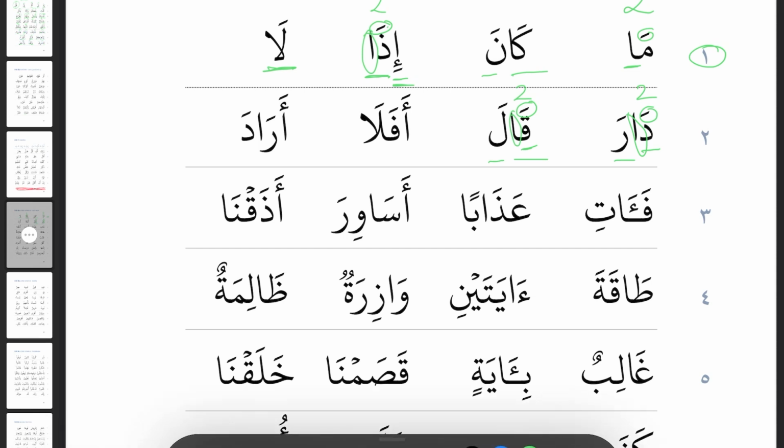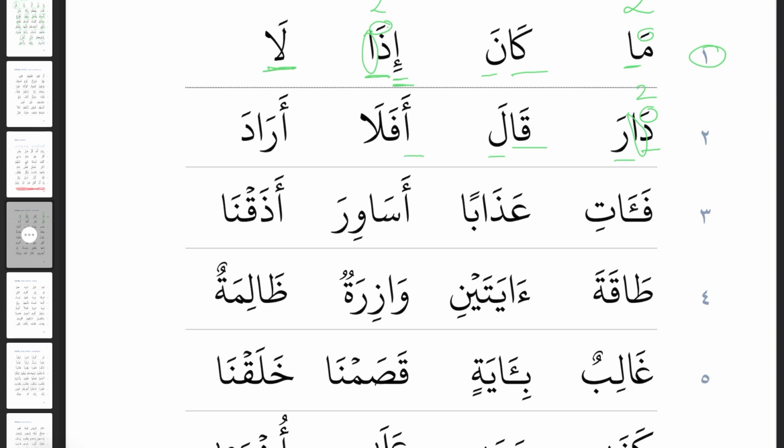And you'll notice that the 2-count stretch on the qaf, because the qaf is thick and heavy, the whole of the 2-count stretch sounds thick and heavy because the back of my tongue stays thickened up, stays elevated at the back of my mouth for the whole of that 2-count stretch. So that's why I have qaa-la.